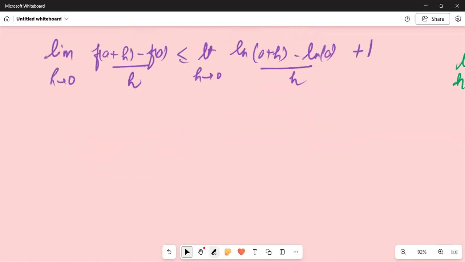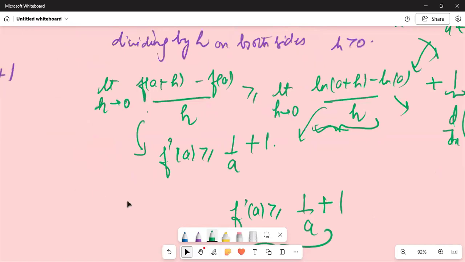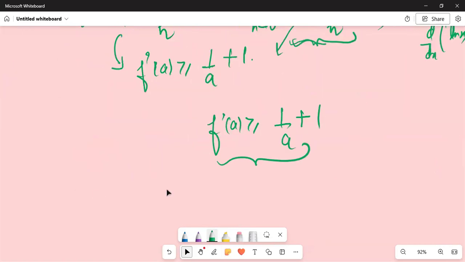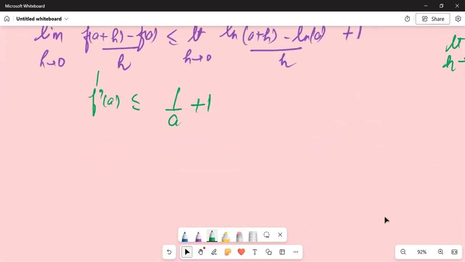So this is nothing but f prime a, and this is again the derivative of the log function at the point a. So this is 1 by a plus 1. Now, previously you were getting that f prime a is greater than or equal to 1 by a plus 1, and here you are getting that it is less than or equal to 1 by a plus 1.